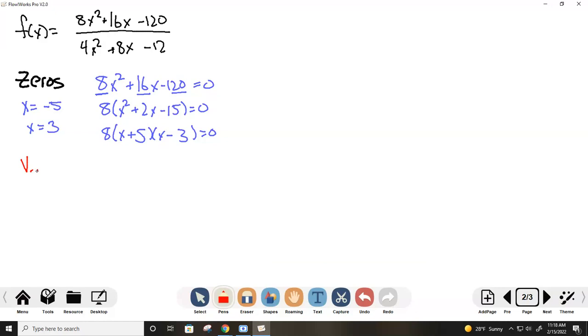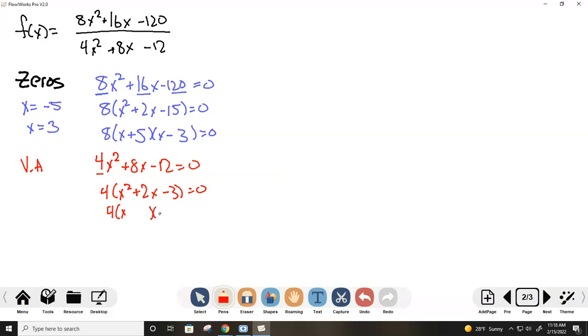Next, we're going to look for the vertical asymptotes. To find the vertical asymptotes, we're going to set 4x squared plus 8x minus 12 equal to 0. Again, we have a common factor of 4: x squared plus 2x minus 3.